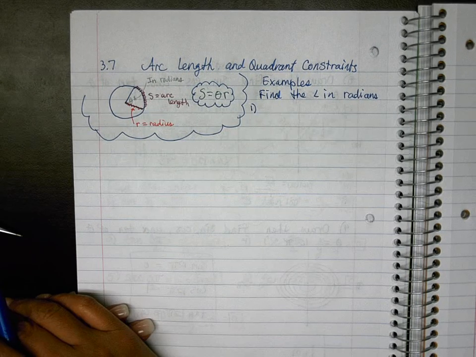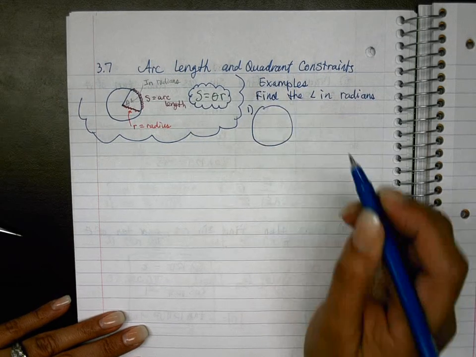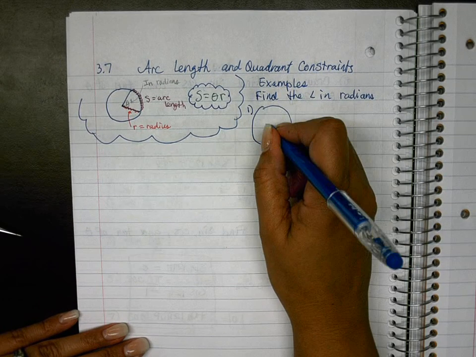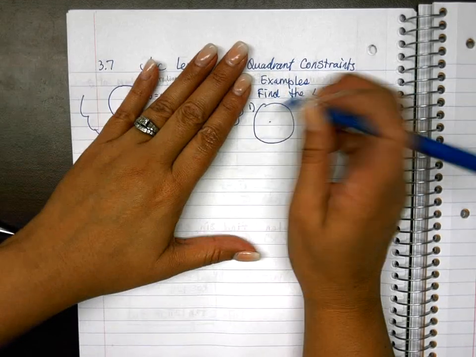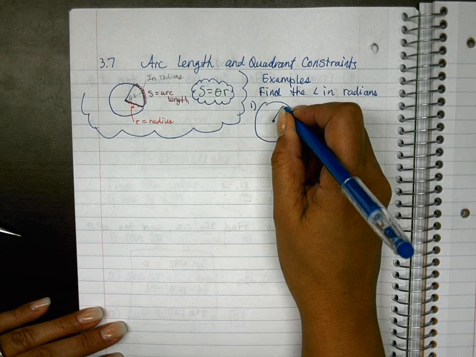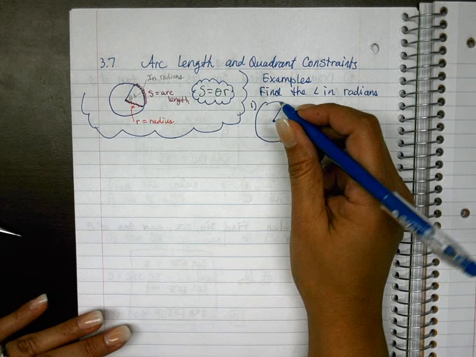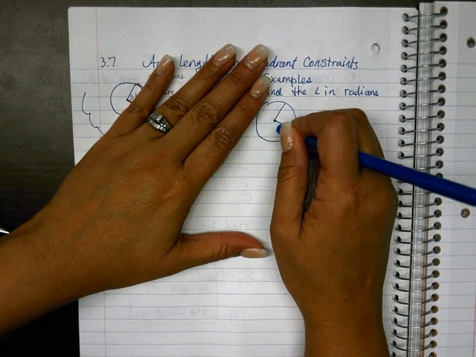All right, number 1. I'm going to give you a picture. It looks like this, and that should be the center. The radius is 3 centimeters.